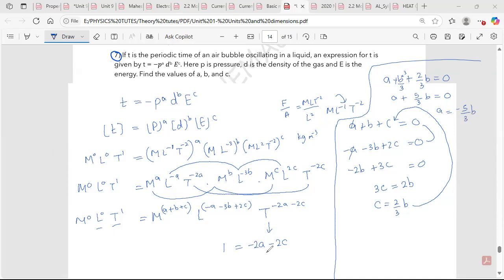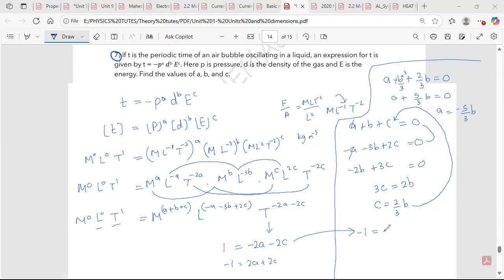Right? So you have a and c both in terms of b, no? You can substitute it here. 1 equals, you can actually take the minus out. Both of them are minus, no? So I'm going to put minus 1, right? Minus 1 equals 2a plus 2c. Minus 1 is sent to the other side. Both have minus.